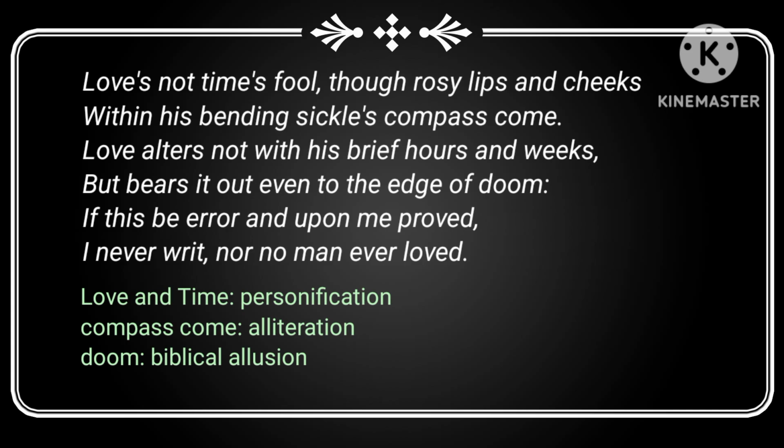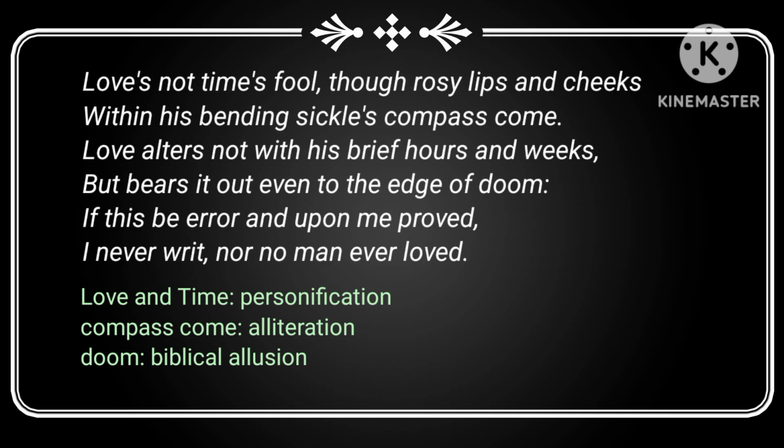And to emphasize his love further, he says that if anyone can prove him wrong, then no man ever loved. That is, the speaker's love was complete. It was at its greatest degree that no one else had experienced before.